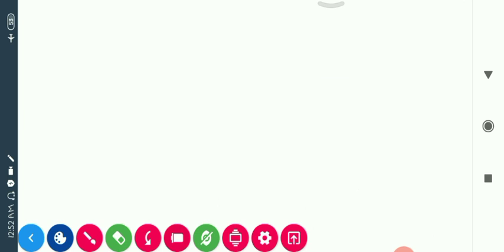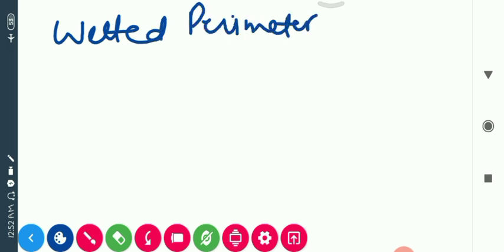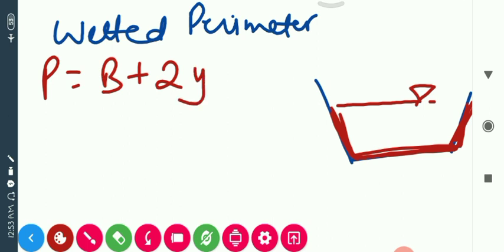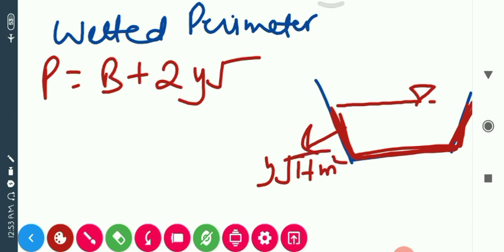Okay, now let us derive the wetted perimeter. What is the wetted perimeter? It is the surface surrounding the water, this one plus this one plus this one. So the wetted perimeter is b plus 2 into y into under root 1 plus m square.